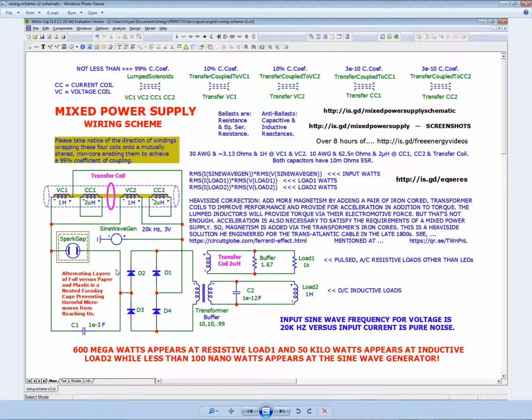If I could hazard a guess, the current that should be coming out of the sine wave generator, if we were simply feeding a flashlight circuit with zero resistance to the flashlight bulb and the switch, is that this is offering resistance, competing against the flow of current. That's why the current is less than 100 nanowatts. In addition, that resistance varies because it's so complicated, causing this current to come out in a randomized, noisy fashion rather than a nice, clean, crisp sine wave of current.